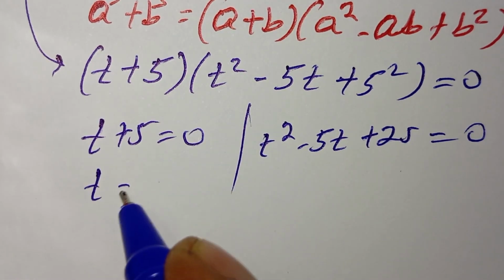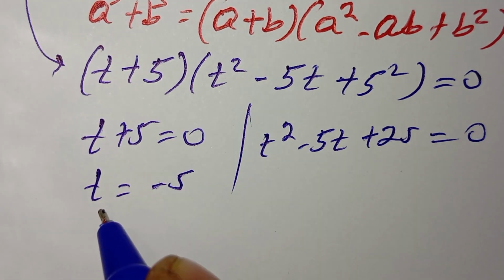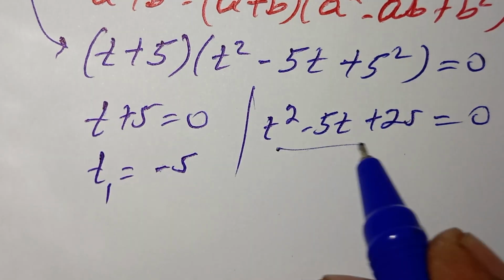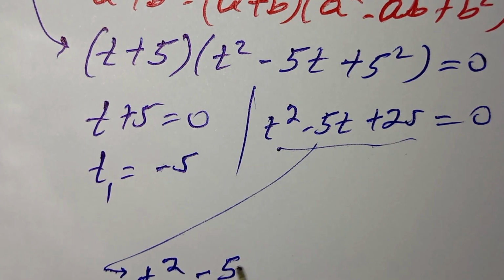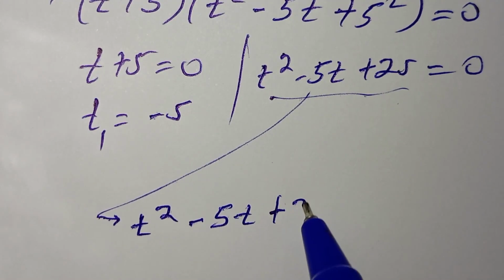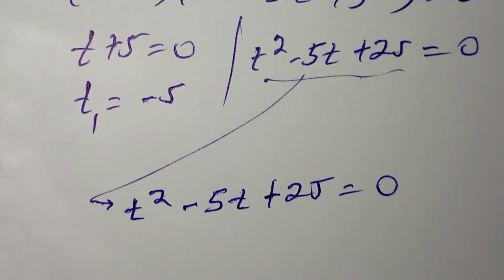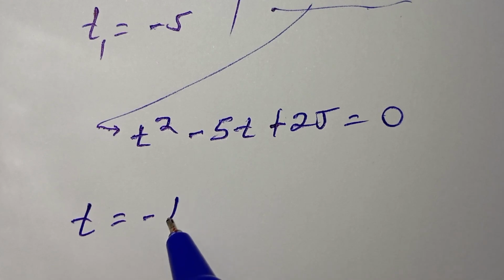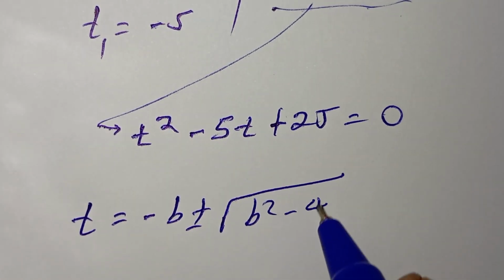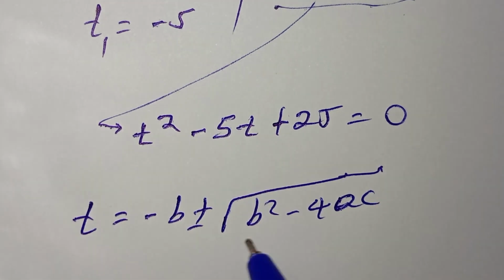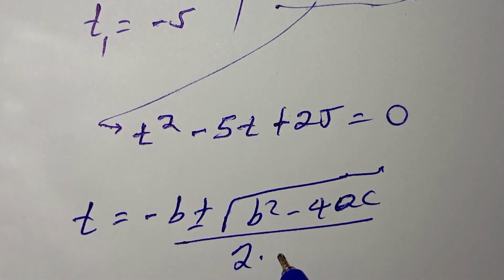So t is equal to minus 5, this is t1, and this one, t square minus 5t plus 25 is equal to 0. t is equal to minus b plus or minus the radical of b square minus 4ac over 2 times a.